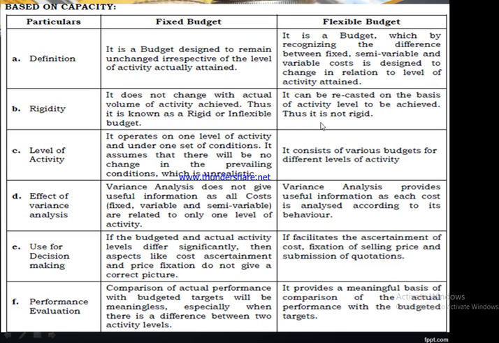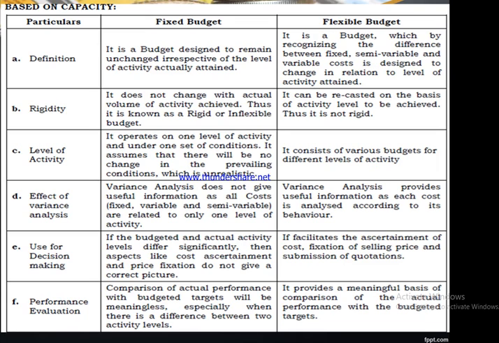Next, from the rigidity perspective, since we are going to recast the cost, as the level of activity changes the cost is also going to behave accordingly. When we speak of level of activity, it consists of various budgets for different levels of activity.